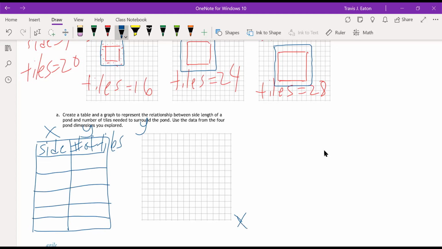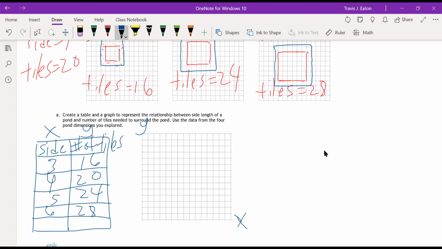So a length of 3 takes 16 tiles. A length of 4 is 20 tiles. We already know this. Length of 5 is 24 tiles. And a length of 6, it would take 28 tiles.